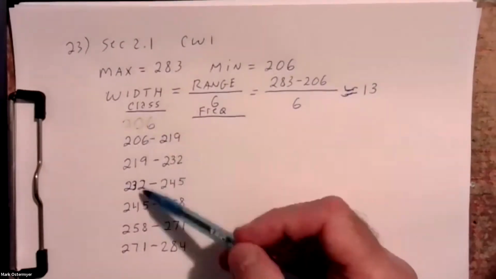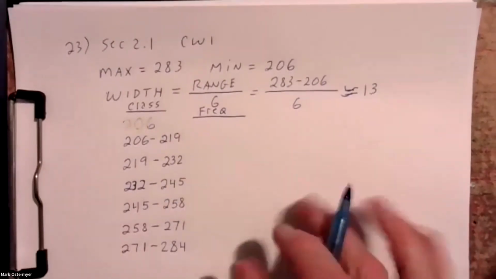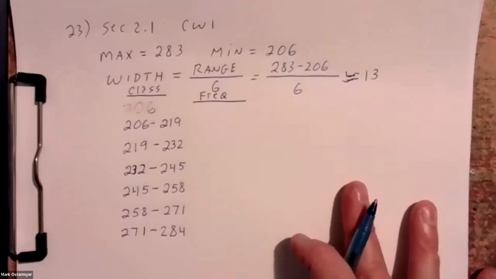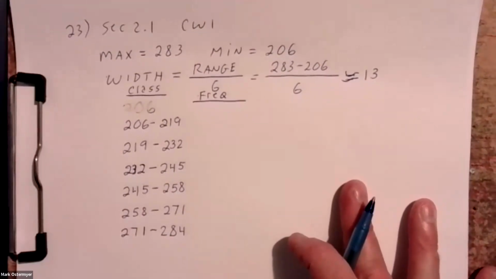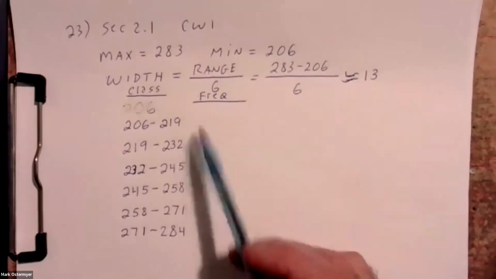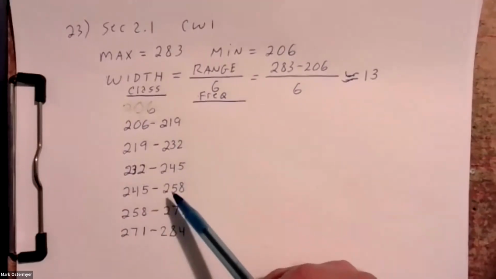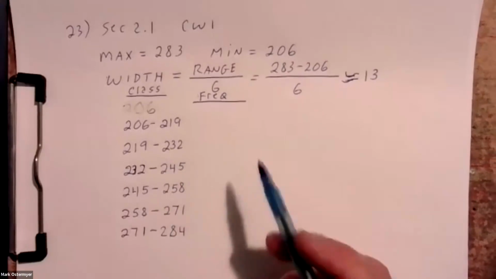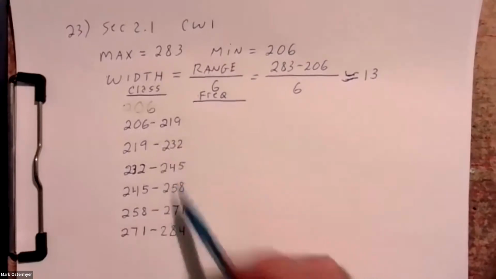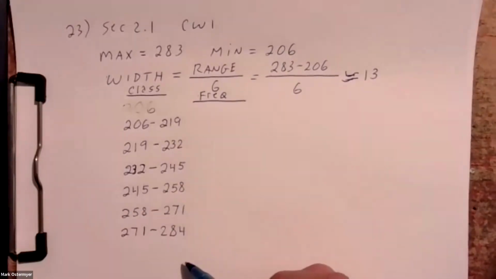Okay, so these classes all have a width of 13, correct? Remember, there cannot be any overlap between classes. They must have a width of 13, and they must be collectively exhaustive in the sense that they have to allow for every data point to fall in one class. So you cannot omit any data. Notice our largest observation in this data set was 283, and it will fit nicely into this last class.